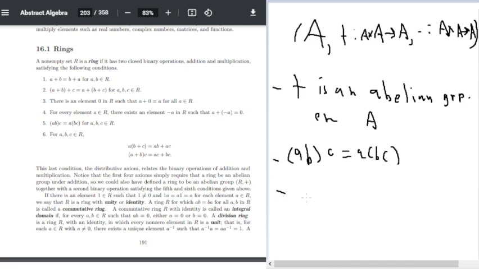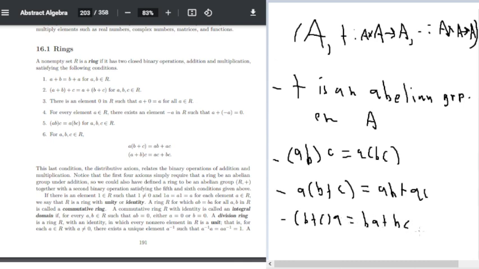And we also have that a(b plus c) is equal to ab plus ac. That is correct. And we also have its associated right multiplication, (b plus c)a equals ba plus ca.